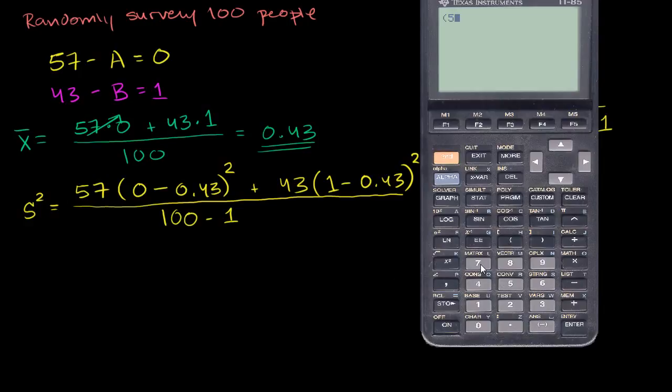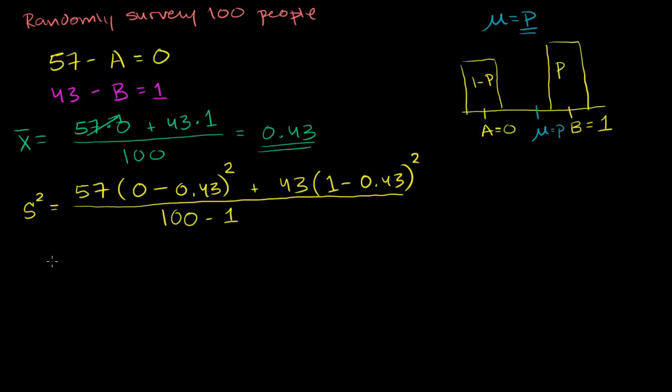I have 57 times 0 minus 0.43 squared plus 43 times 1 minus 0.43 squared, and then all of that divided by 100 minus 1, or 99, is equal to 0.2475.